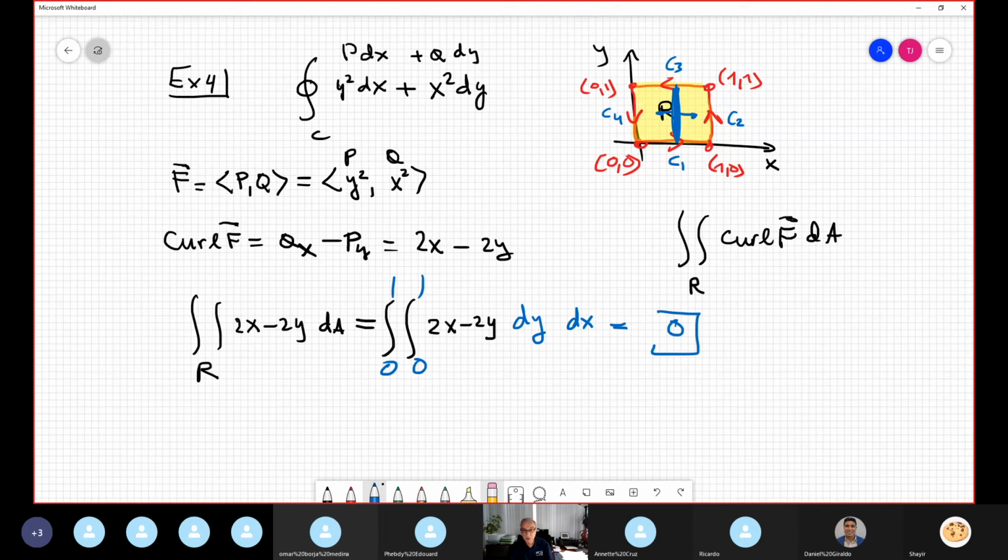Wow, it's 0. It's 0, however, it is not a conservative vector field, because you determine that the curl is not 0. The idea is that for all conservative fields, the curl is 0. However, not all non-conservative fields have a nonzero integral.